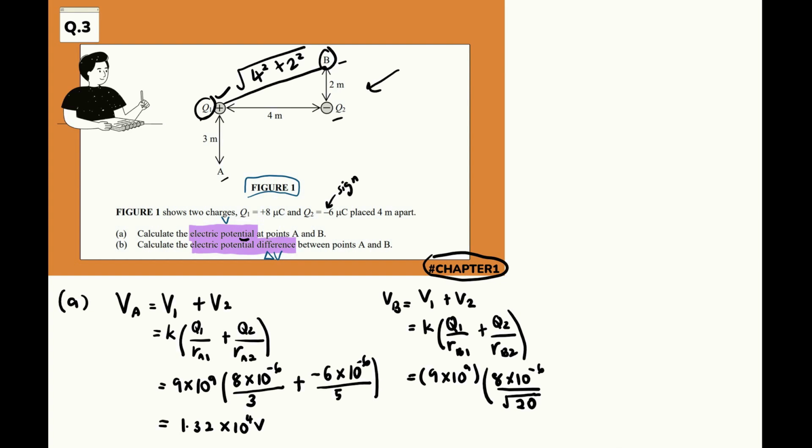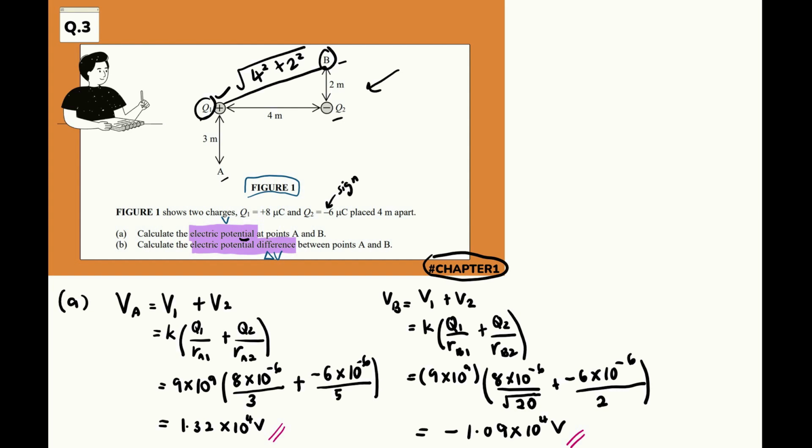Then square root 20 plus negative 6 times 10 to minus 6 over 2. Then you will get negative 1.09 times 10 to 4 volts. So this is for VA and this is for VB.